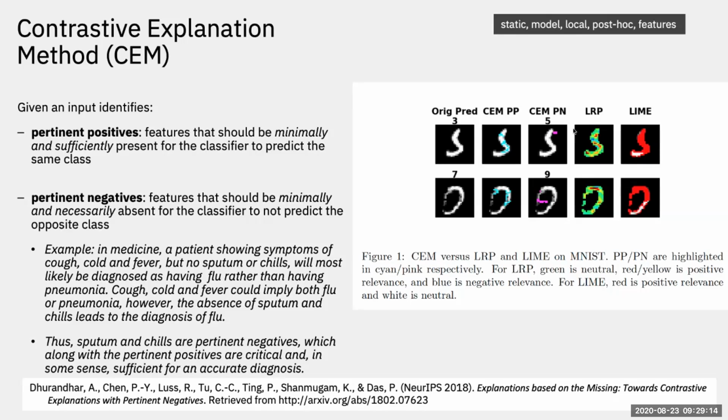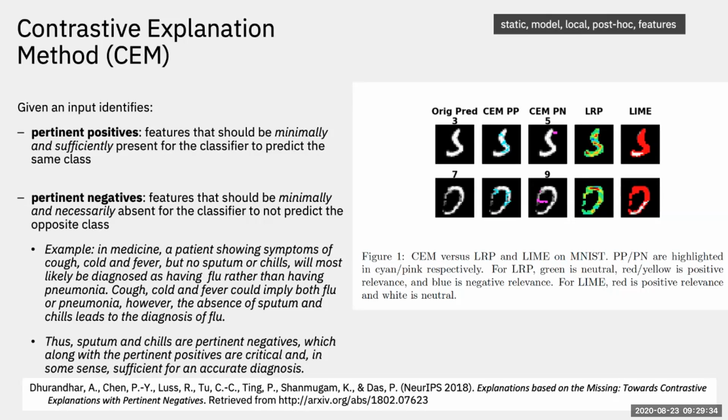The cyan part, which is the second column, CEM PP, pertinent positives, highlights the most important pertinent positive features for 3, versus the third column, which is in red, which shows the pertinent negative features.